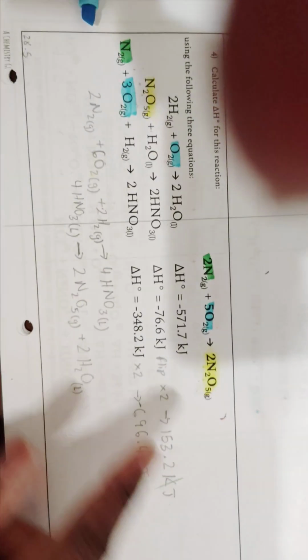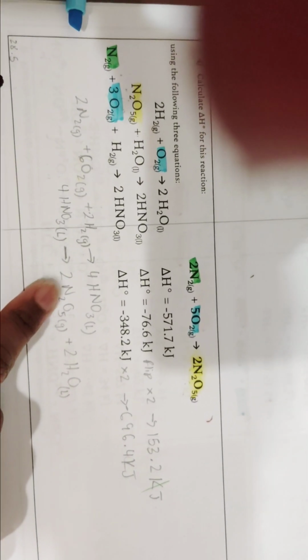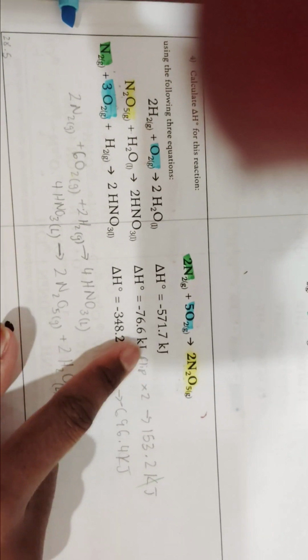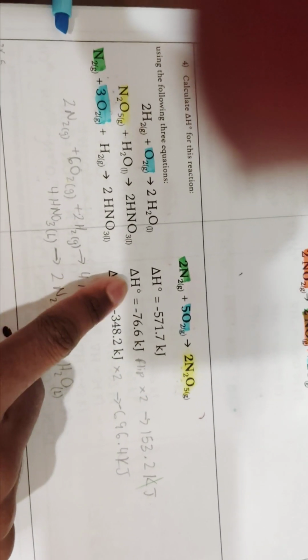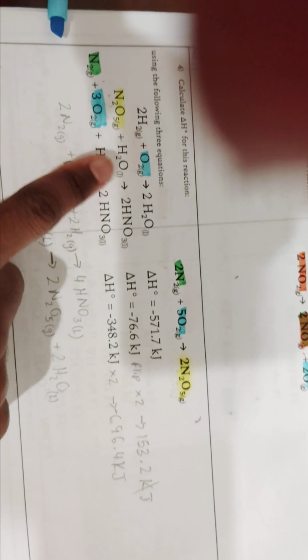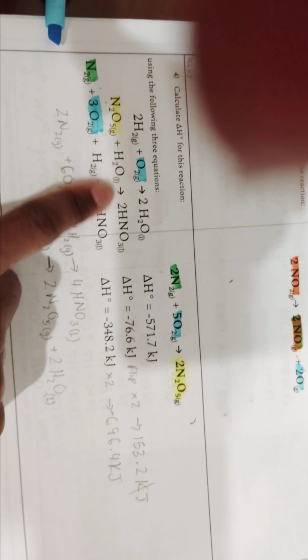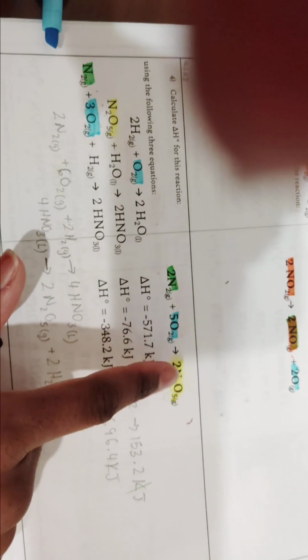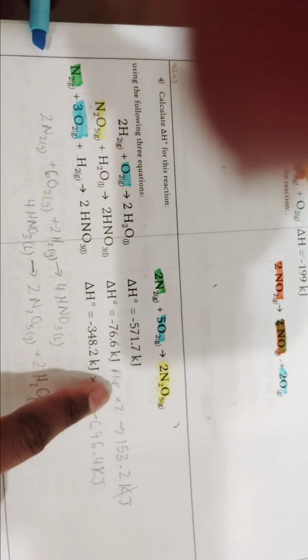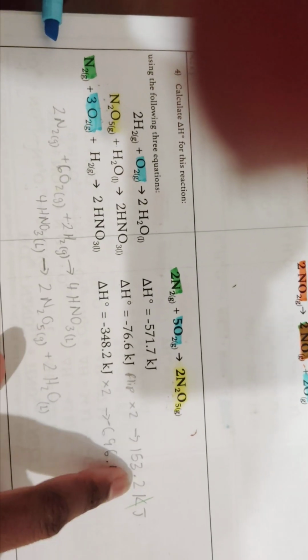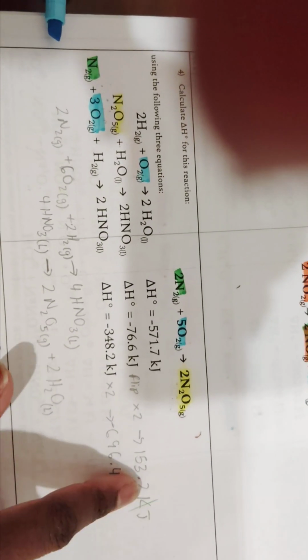N2O5 is on this side now, and it's a 2 because we flipped it and multiplied it the same way as here. For the enthalpy change, since we flipped this equation and multiplied by 2, it's now 153.2 kilojoules and it's positive.